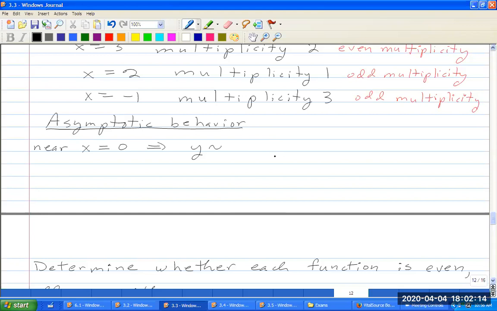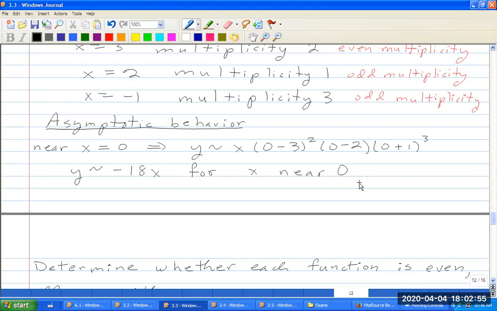So it was x, 0 minus 3 squared, 0 minus 2, 0 plus 1 cubed. And so this is 9 times negative 2, which is negative 18x. Okay. Now let's look at what happens near.